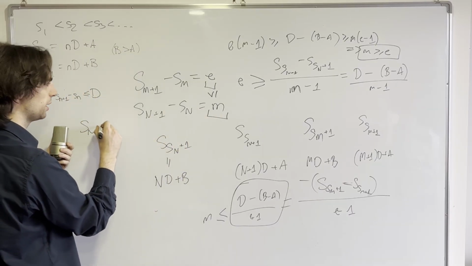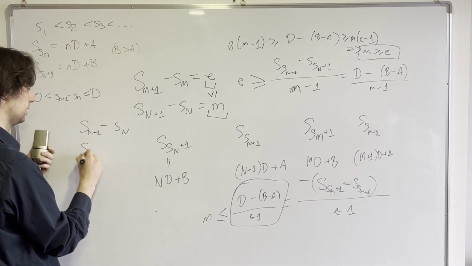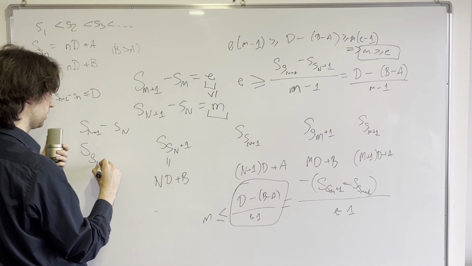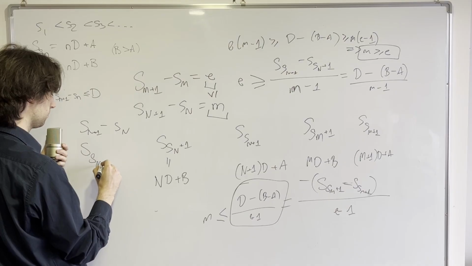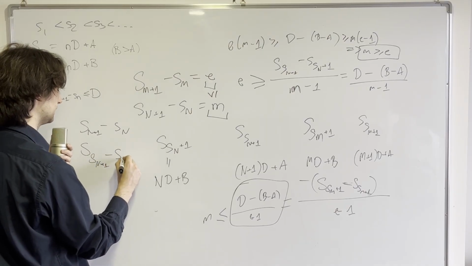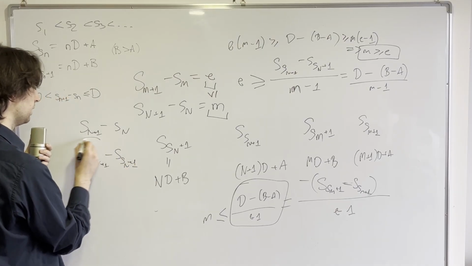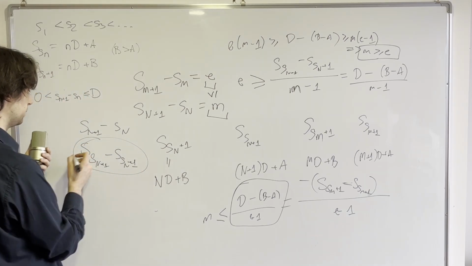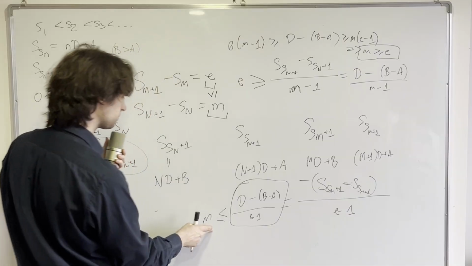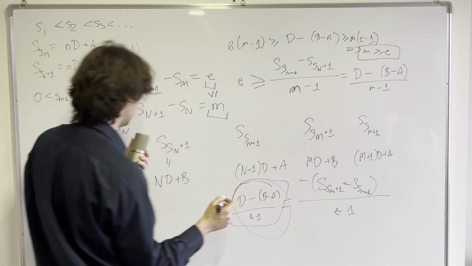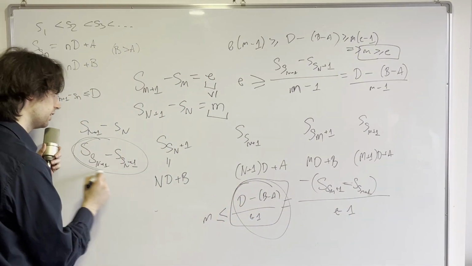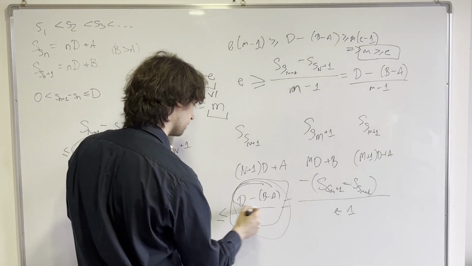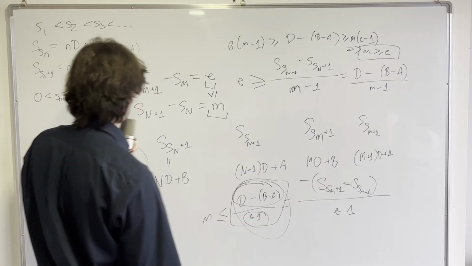So Sn plus 1 minus Sn, in other words, S of Sn plus 1 minus S of n plus 1. We here get that there is a difference that is going to be greater than or equal to this thing over here. Like from here, we're going to get a big difference, namely a difference greater than or equal to this thing over this.